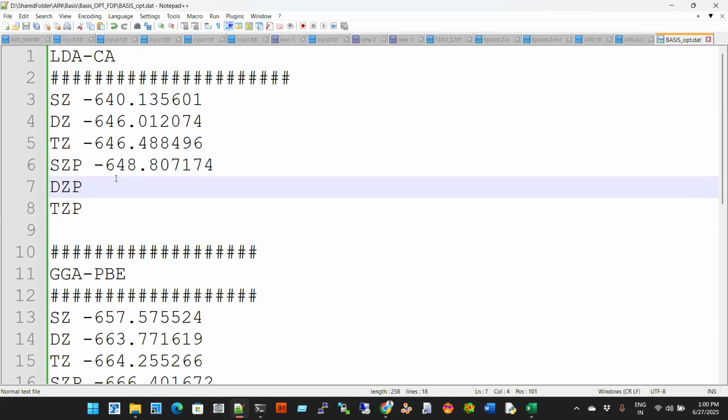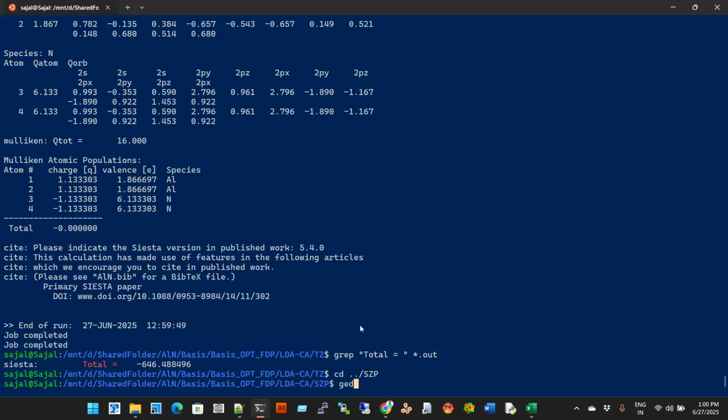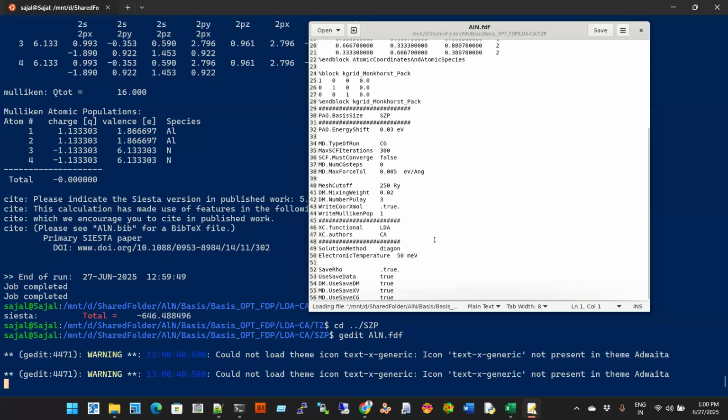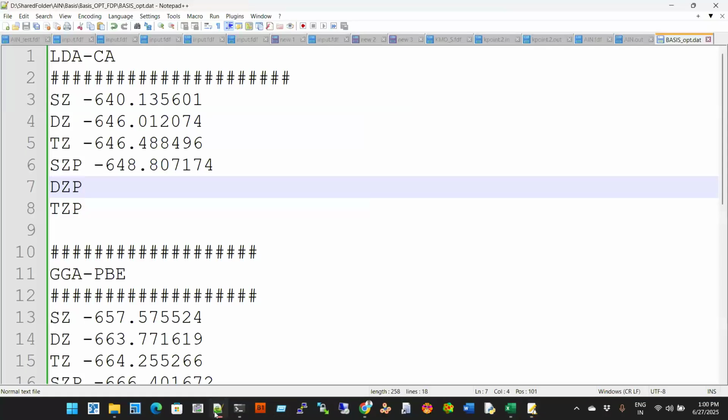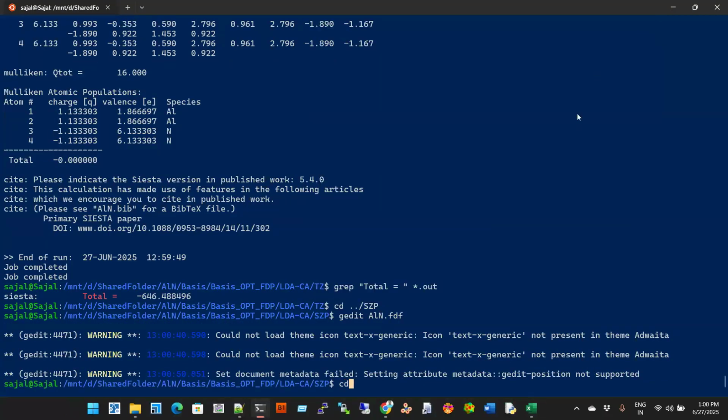Then we want to calculate for SZP. cd SZP. Oh, SZP is already calculated. DZP. Okay.